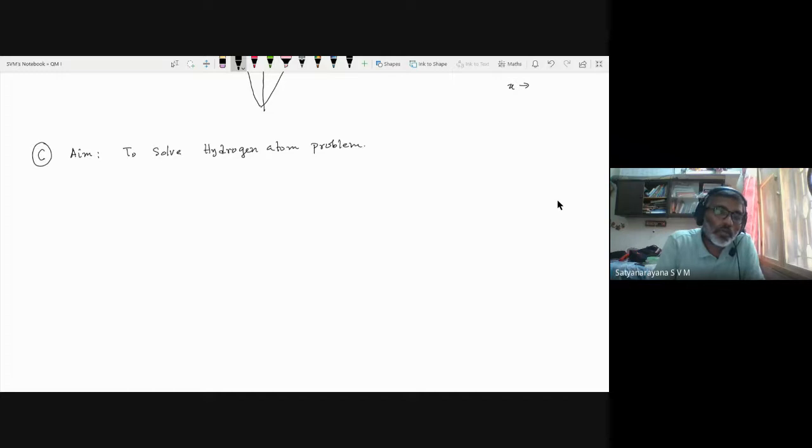Now, the hydrogen atom problem has a Hamiltonian like this. The Hamiltonian is equal to, it's a three-dimensional problem, px square plus py square plus pz square divided by twice mu, where usually we solve it with the reduced mass of proton and electron, which I will call mu, and then the potential energy, which is minus e square divided by 4 pi epsilon naught into R. So this is our Hamiltonian.